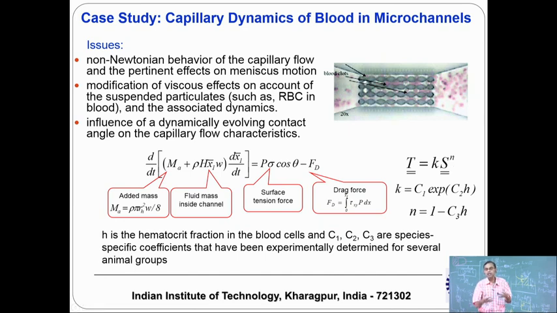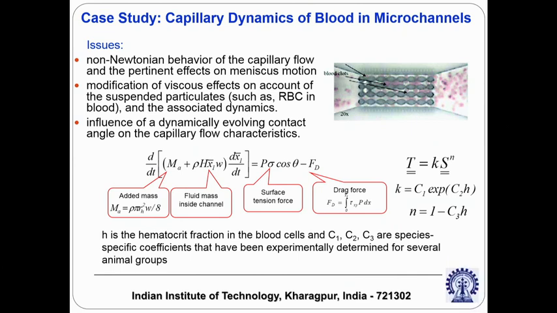There are other models like the Casson model; there are different types of models. If you have this power law model, k and n are not constants, but functions of certain parameters, and those parameters are considered within C1, C2, C3. These are constants, but for certain individuals they are different constants. On top of that you have a very important parameter in hematology called hematocrit.